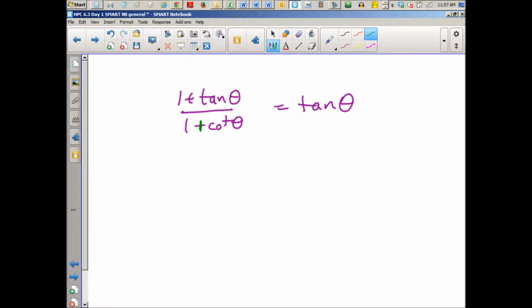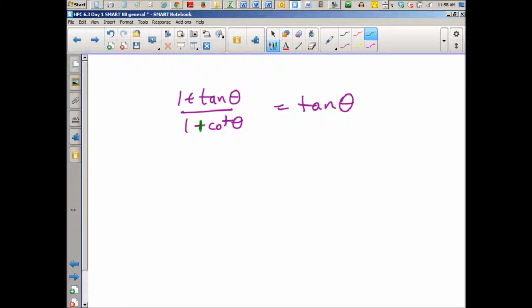These are the kinds of problems we'll be working on for the next 3 or 4 days. You'll be given a problem that looks like this. You will be asked to show that this is always true. All the problems you do will be always true, and you just have to show it. So somehow you have to convince me that this on the left is the same thing as this on the right. But there are rules.